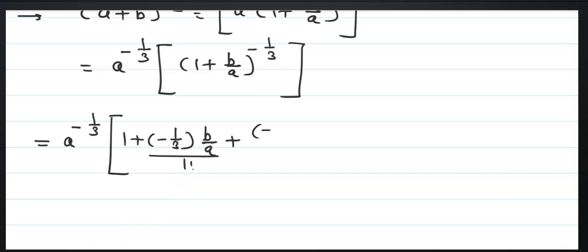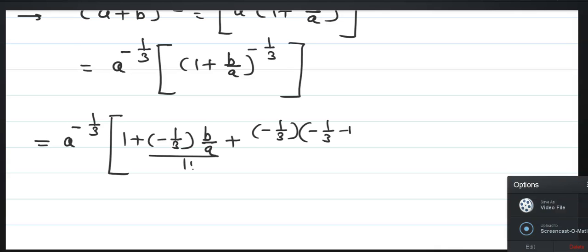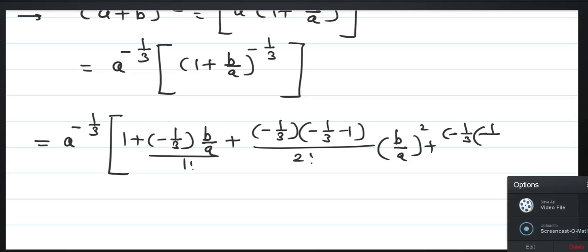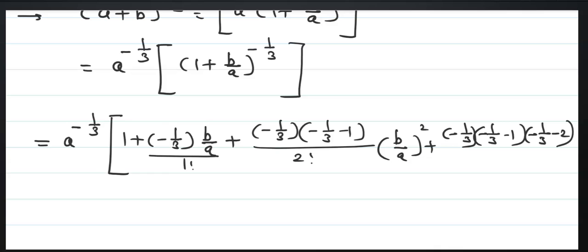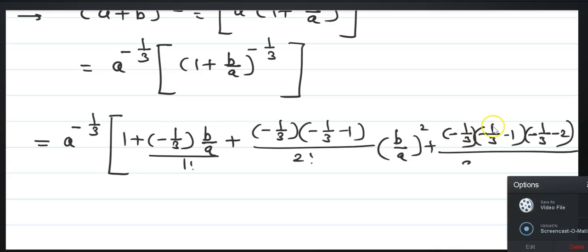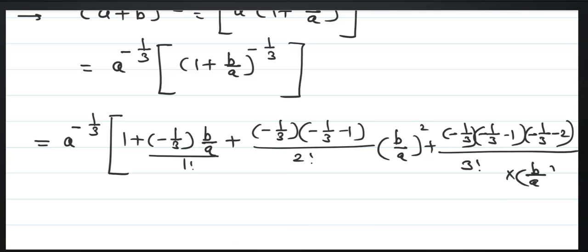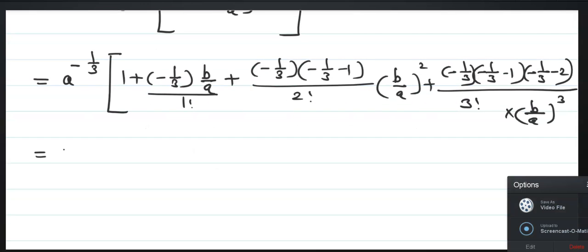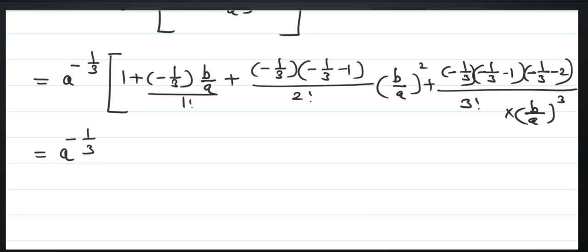And now the next term will be plus minus 1 by 3 minus 1 by 3 minus 1 upon 2 factorial, B upon A bracket square. And now next will be minus 1 by 3 minus 1 by 3 minus 1, minus 1 by 3 minus 2 upon 3 factorial into B upon A bracket raised to 3.